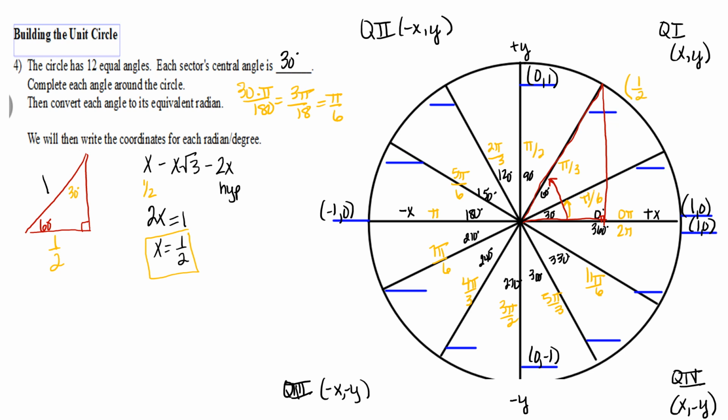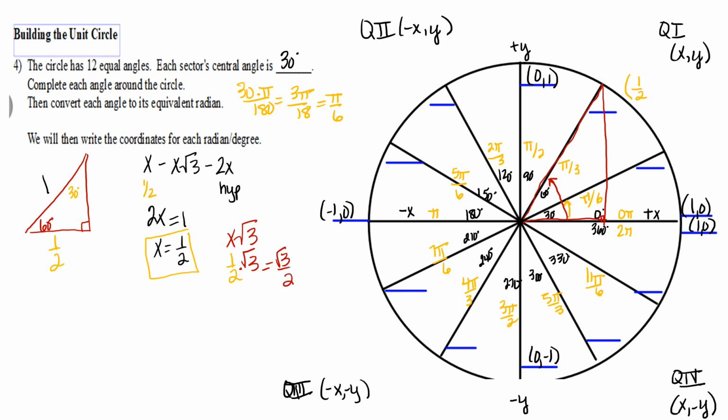And then we will use that to help us solve for the length of the side opposite of 60 degrees, which would be my y coordinate, that vertical distance from the x-axis up to the top of that radius. So if it's x multiplied by the square root of 3 to get the distance across from 60 degrees, I'll have 1/2 multiplied by the square root of 3, which again works out to be square root of 3 over 2.